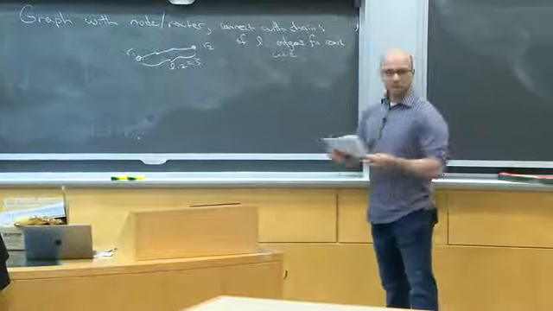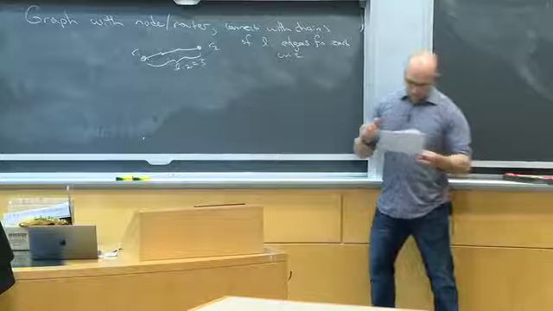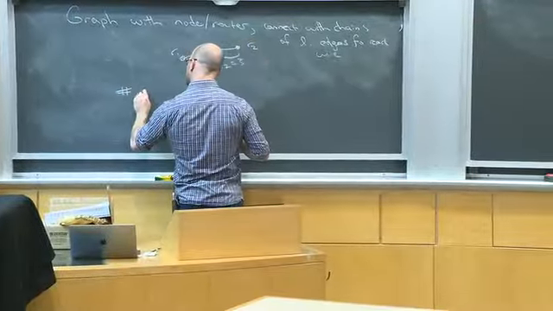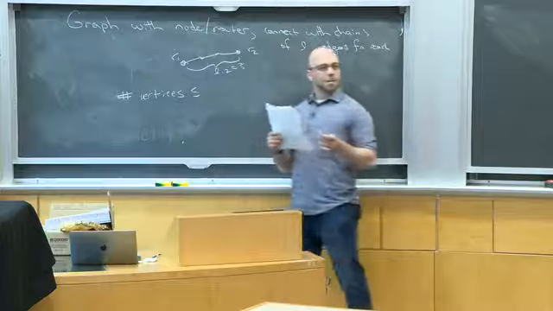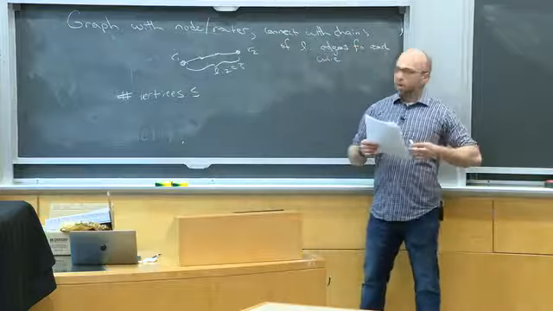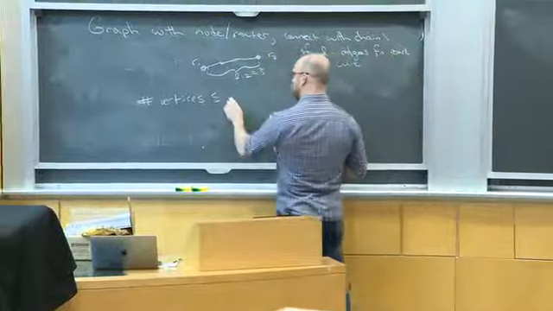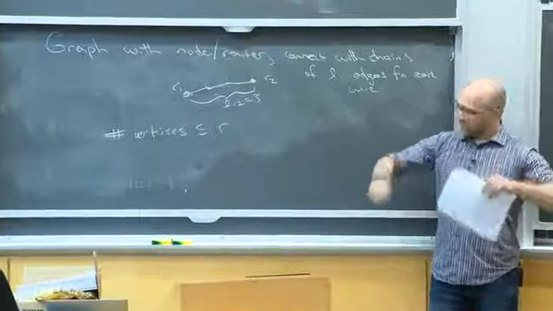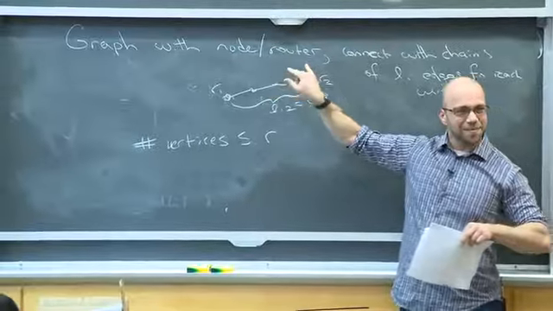One thing we might as well do is bound the number of vertices and edges in our graph when we do that. So first of all, let's think about the number of vertices. We can be totally lazy and upper bound this stuff. I have one node per router, so we incur one factor of r there. And notice that we're laying down cable one little piece at a time in our chains.